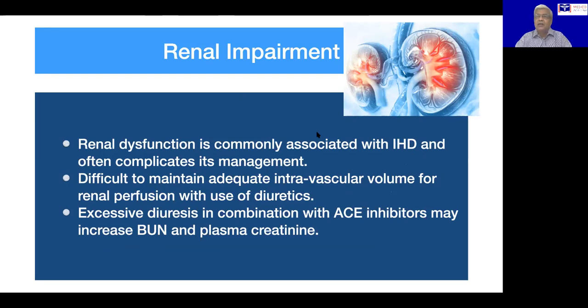It is in these patients that it is very difficult to maintain adequate intravascular volume for maintaining the renal perfusion, because the patient may be on diuretics, may be on some agents which affect the renal perfusion. So you should be very careful, and excessive diuresis, remember, in combination with ACE inhibitors, may cause a rise in the BUN and the plasma creatinine level. So we should be aware of this problem because these patients may be on ACE inhibitors.